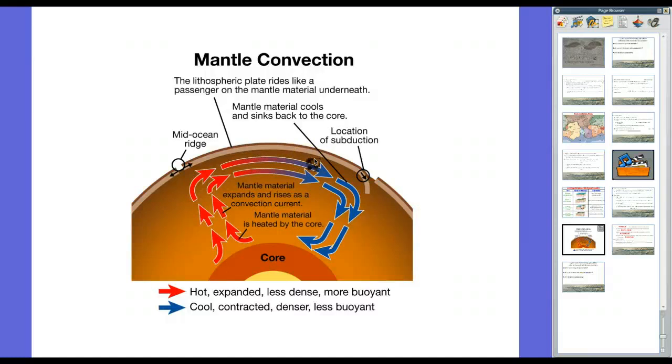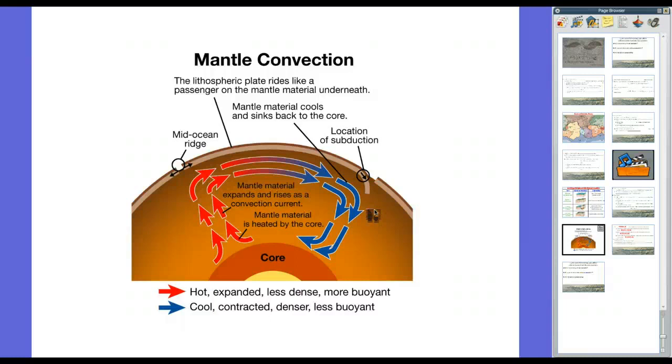That moves the plate away from the divergent plate boundary toward the convergent plate boundary. It cools off enough that the density becomes great enough to start sinking. It pulls down the tectonic plate with it, and that's where we have slab pull, pulling it underneath.